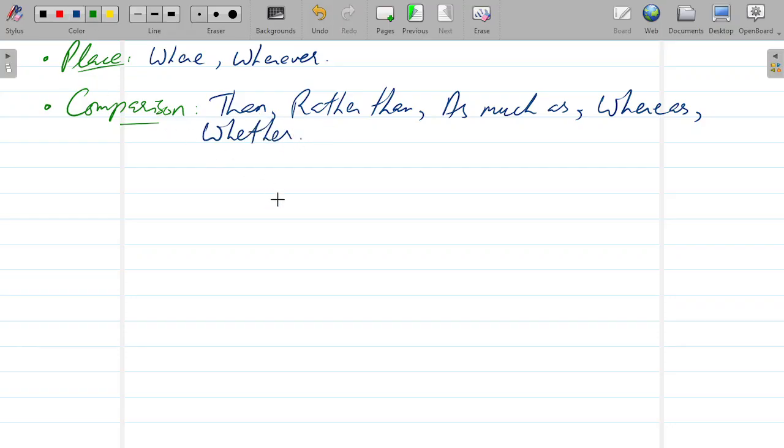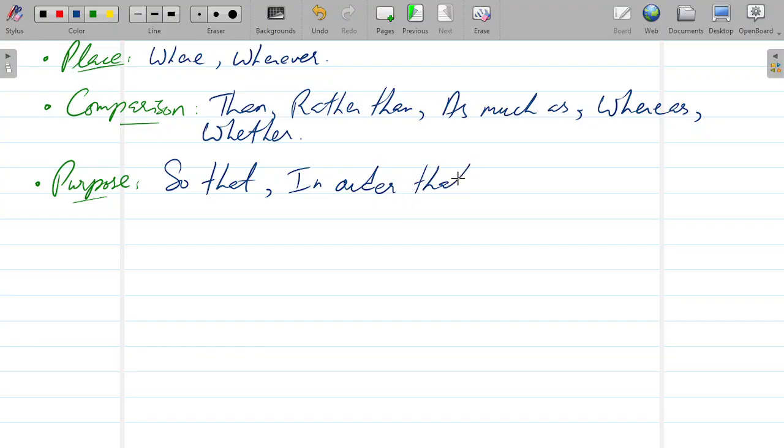And finally, you've got purpose. So that, and this is similar to reason, in order that. Similar, but perhaps the subtle meaning, the nuance in its use can set it apart from reason.